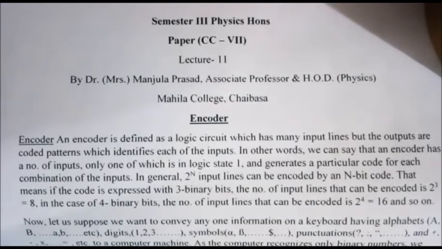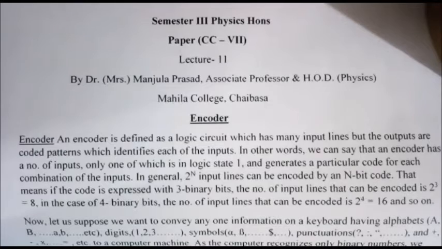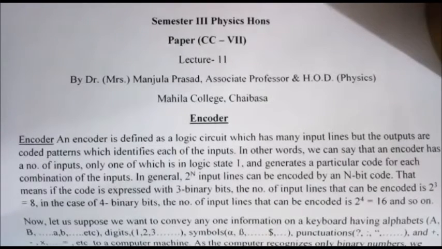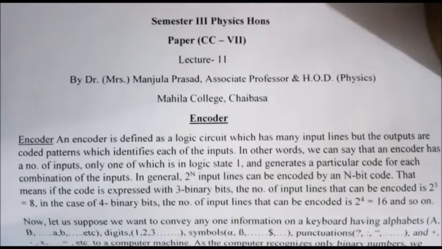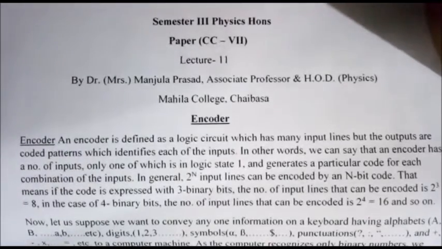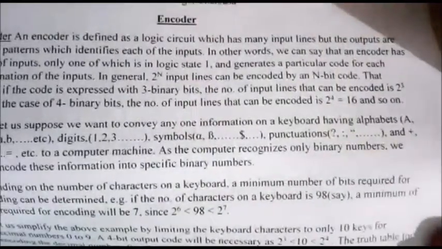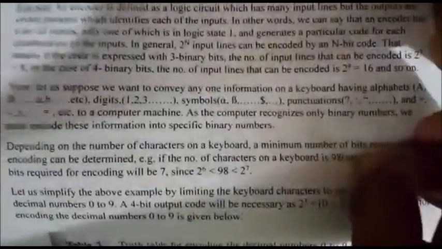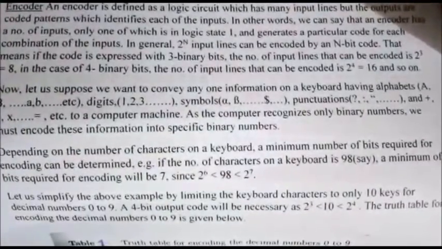In general, 2 to the power N input lines can be encoded by an N-bit code. That means if the code is expressed with 3 binary bits, the number of input lines that can be encoded is 2 to the power 3, which is equal to 8. In the case of 4 binary bits, the number of input lines that can be coded is 2 to the power 4, which is equal to 16, and so on.